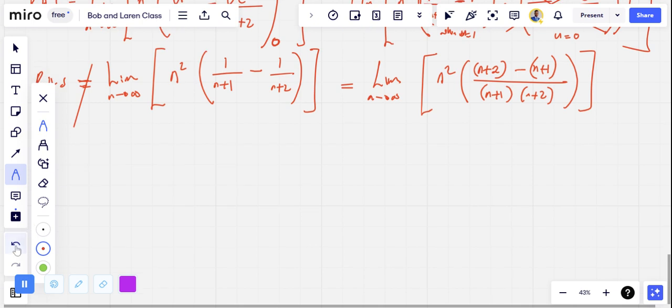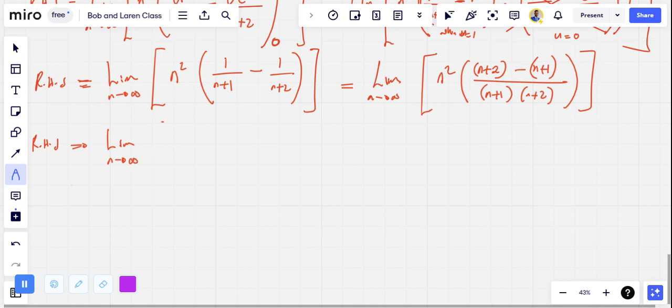Okay, so still on the right hand side, we now have the limit as n tends to infinity of n squared times, if I open up this bracket, n plus 2 minus n minus 1 over n plus 1 times n plus 2.